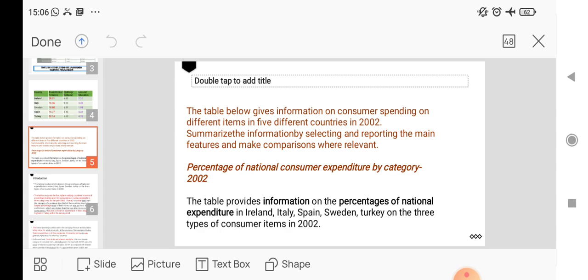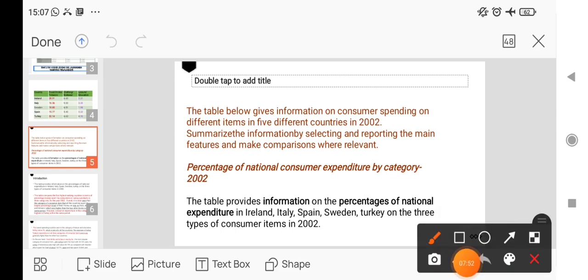Another mistake is, when you want to paraphrase and give an overview of the question, you don't want to write the sentence in such a way that each word will still find itself in the same position.